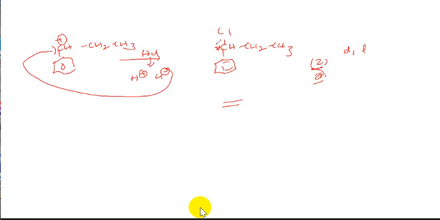One rotates left, negative, and one rotates right, positive: dextro and laevo. Whenever isomers are asked, you have to check how many chiral centers are there. Here only one chiral center, and the molecule cannot be divided into 2 equal parts. So it is 2 power n, with n equal to 1, so 2 isomers are possible.